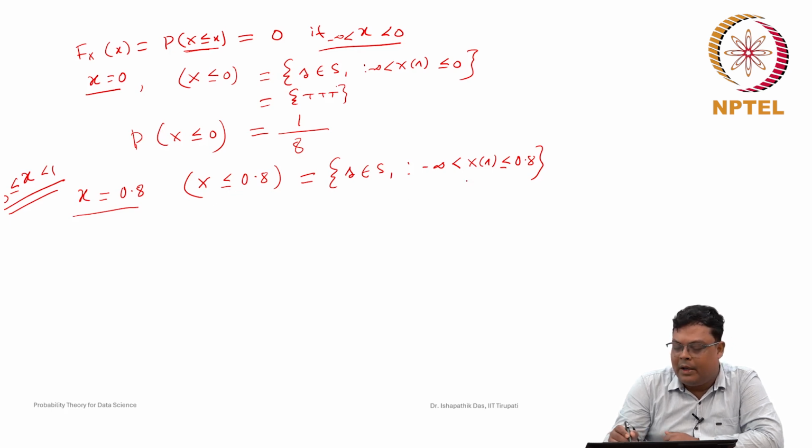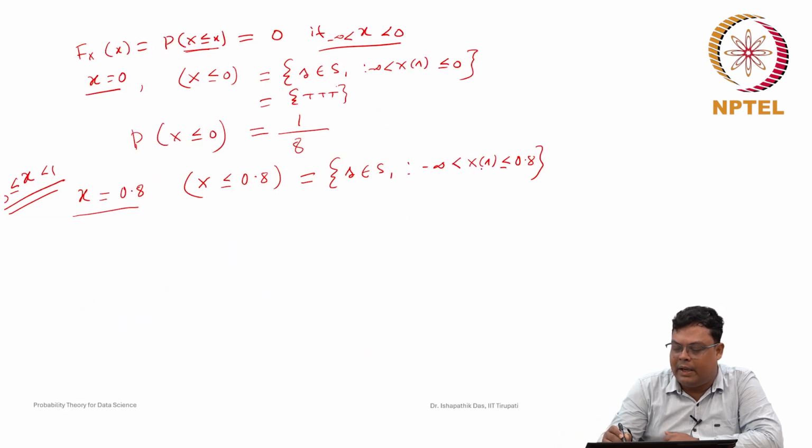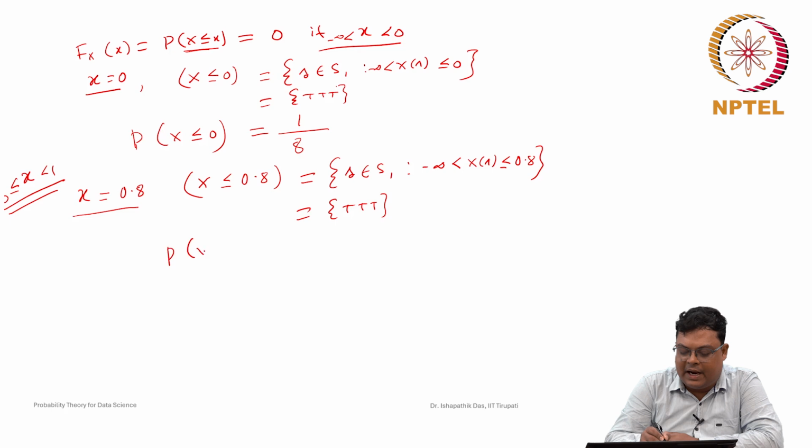Then what is this set? See that this random variable X can take only the values 0, 1, 2, 3, and it is less than or equal to 0.8 only for TTT, because it is 0, otherwise for other values it is 1 or more. So again probability that X less than or equal to 0.8 is nothing but again 1 by 8.